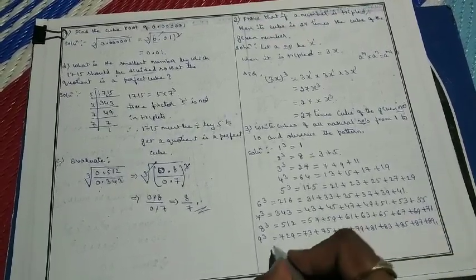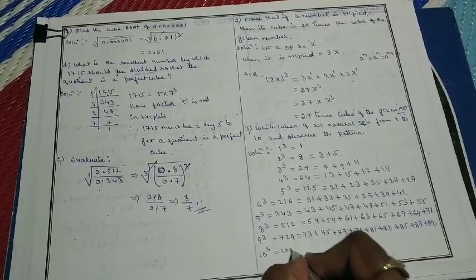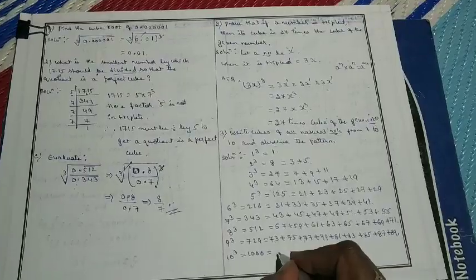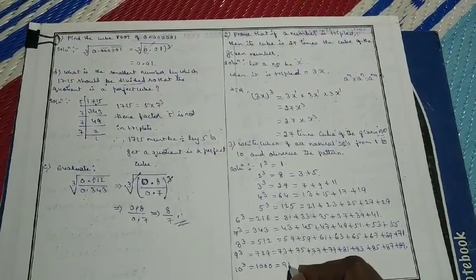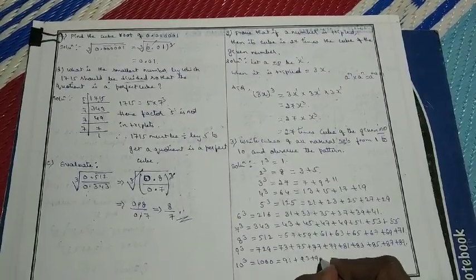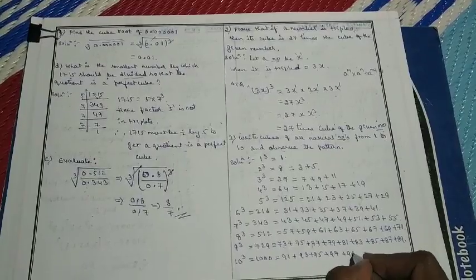Yes. Next 10 cube. 10 cube is nothing but 1000, right? So next, immediately after 89, the next odd number is 91. 91 plus 93 plus 95 plus 97 plus 99.